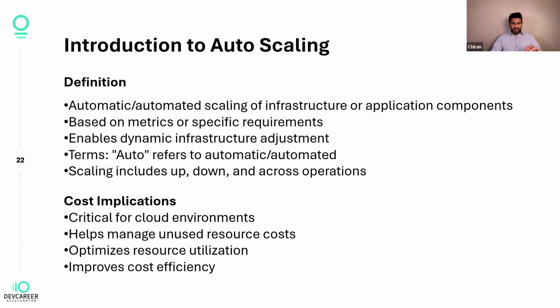We don't need to decide when the scaling happens. It dynamically happens whenever the requirements are met. Auto refers to automatic and automated. Scaling means going up and down. It doesn't mean always going up, it goes down too, and there are different concepts that we'll be talking about.